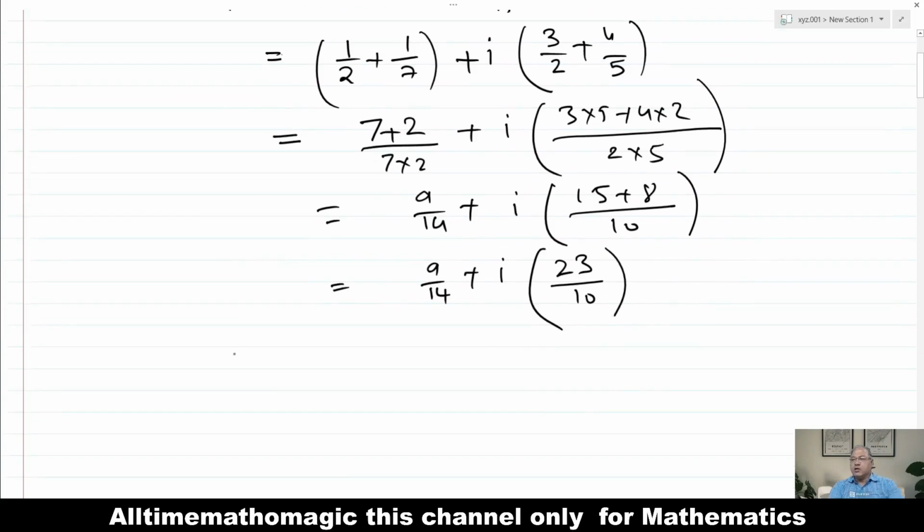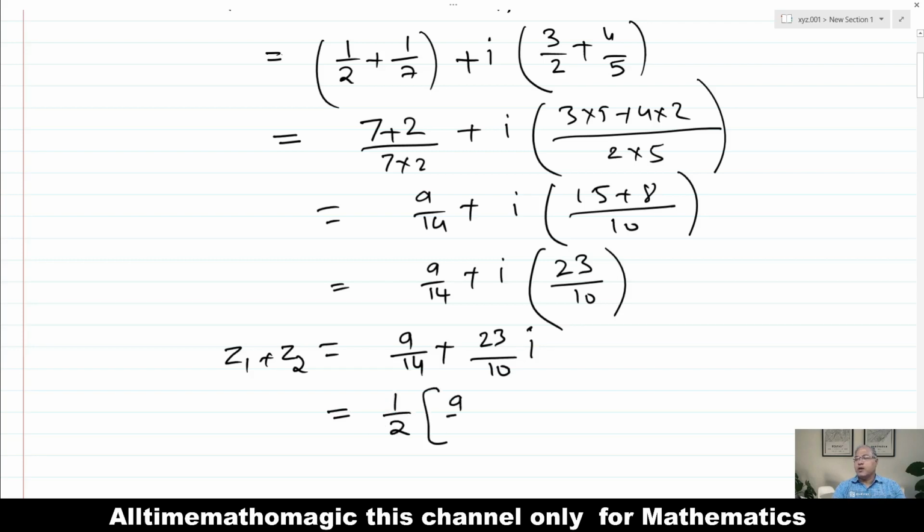So the result is Z1 plus Z2 equals 9 upon 14 plus 23 upon 10i. This is the required result. If you can take some common factor, you can take it, so for example 14 and 10, the 2 is common, 1 by 2 is common, so we can write 9 upon 7 plus 23 upon 5i.